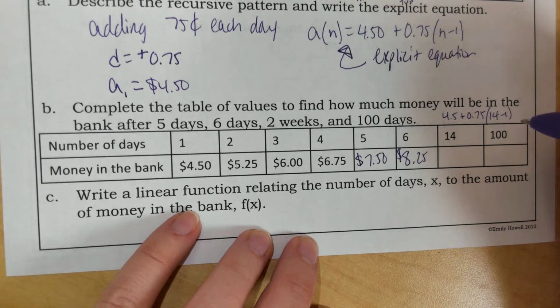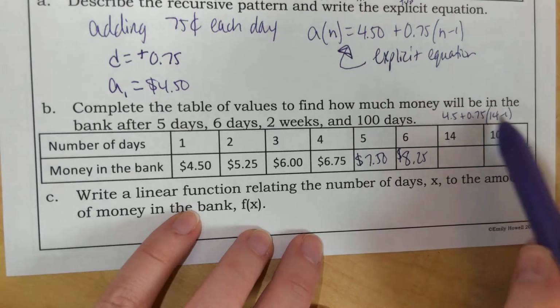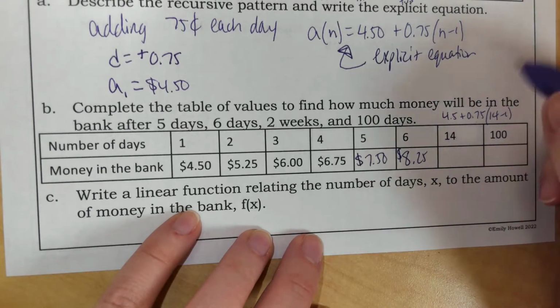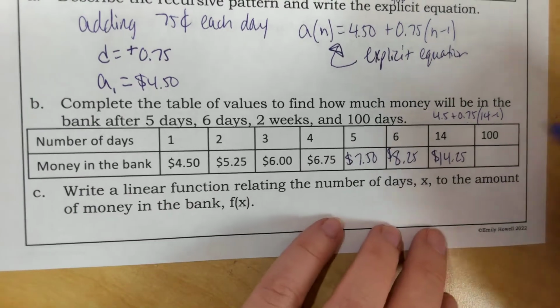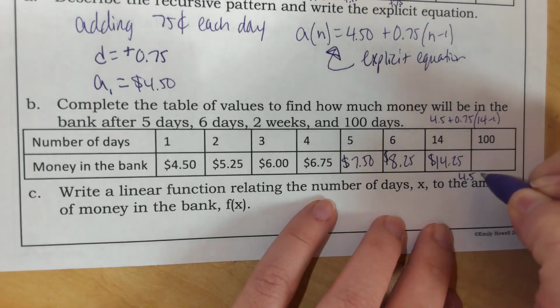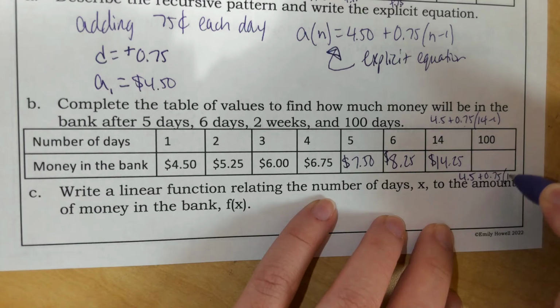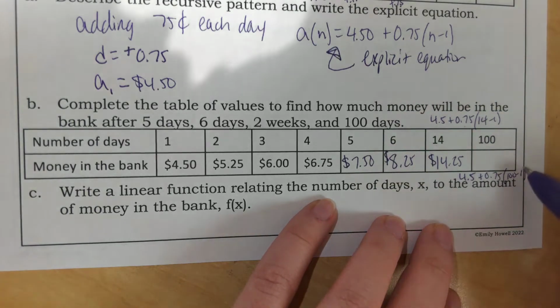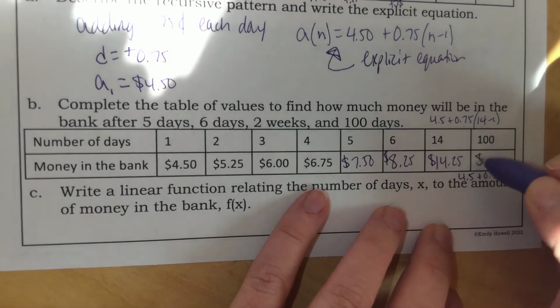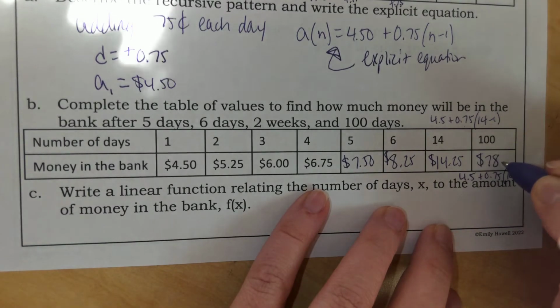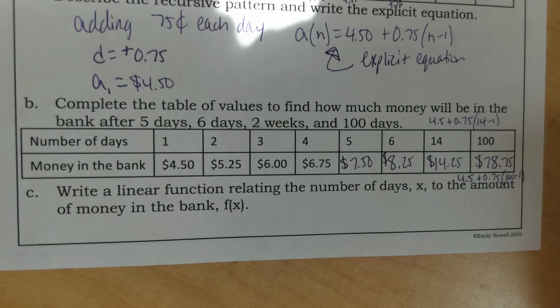We do a quick calculation: 13 multiplied by 0.75 plus the 4.50 becomes $14.25. Same thing over here: 4.5 plus 0.75 multiplied by 100 minus 1. So it's 99 multiplied by 0.75 plus the $4.50. And after 100 days, she's got $78.75 in her account.